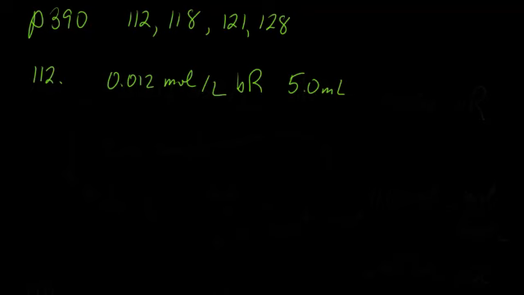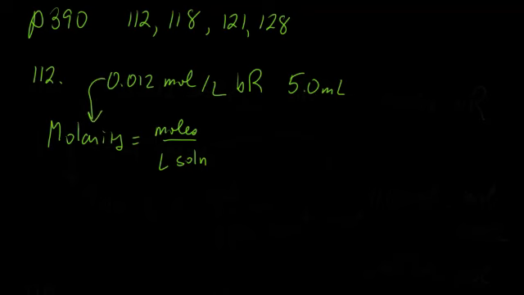So how many moles? Well, molarity equals moles of solute per liter of solution. All right, well, we have a molarity here, so we can plug that into the molarity. We have a volume here, and then we'll get moles. So let's plug in here 0.012 moles per liter.